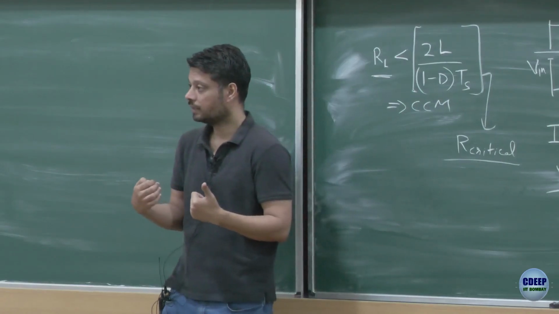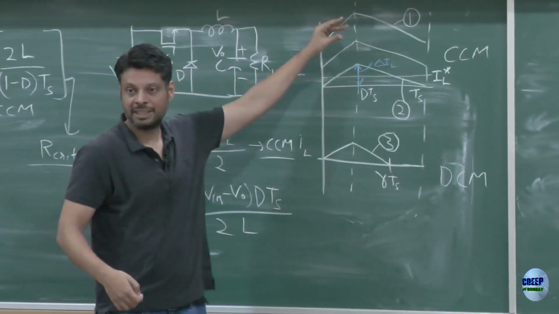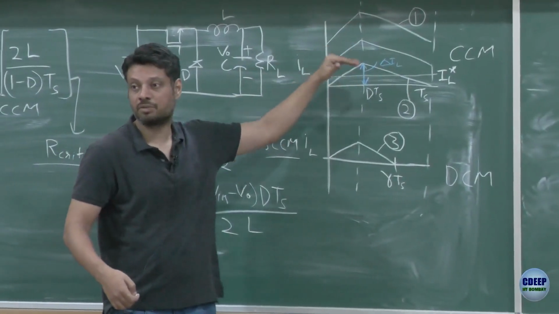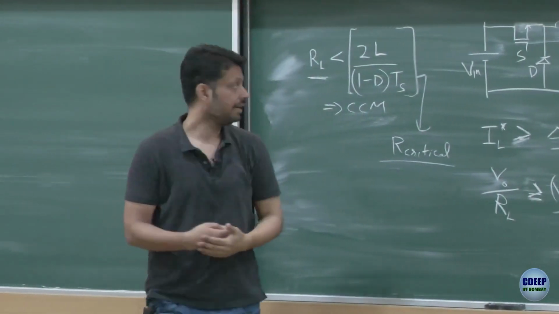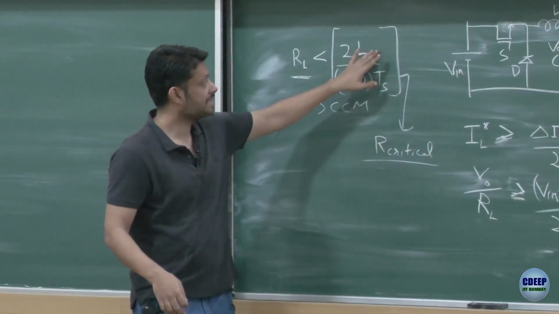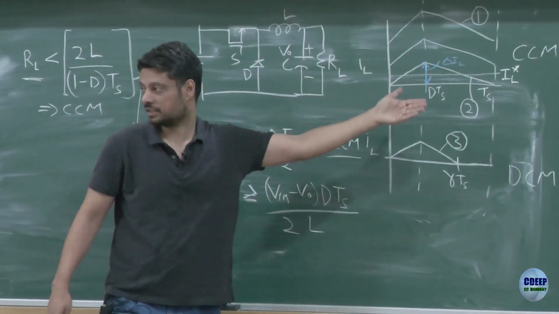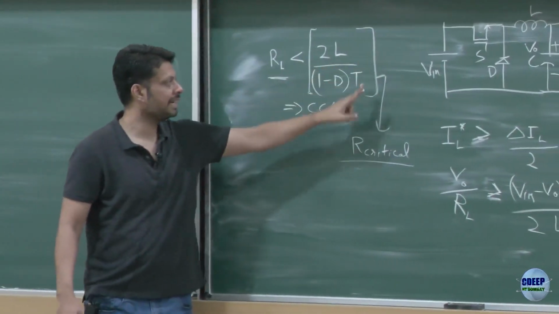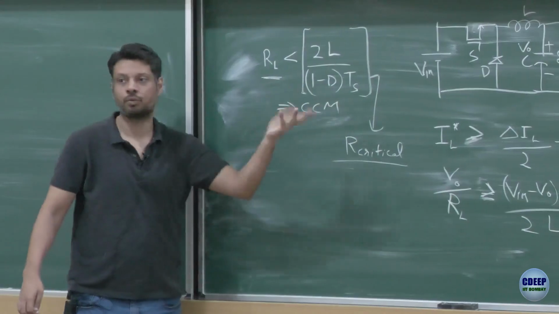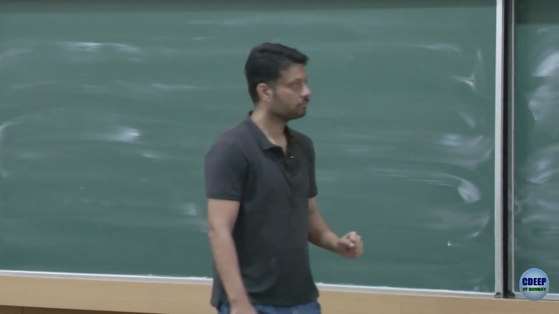Higher inductance means the ripple is small, so it can remain in continuous conduction mode even at a lighter load, relatively speaking. Or if your switching frequency is higher, it can remain in continuous conduction mode for an even lighter load. This is the relationship predominantly with L and Ts. We understand D you would fix based on the average voltage requirement, right?